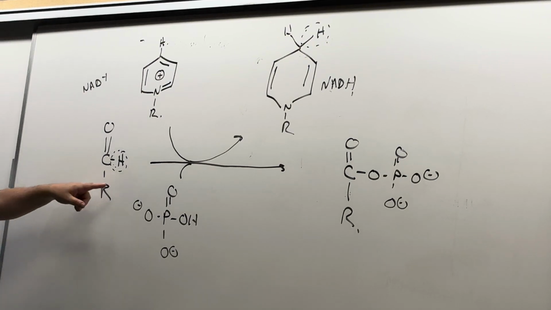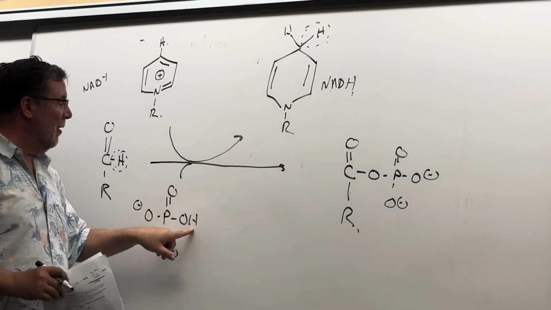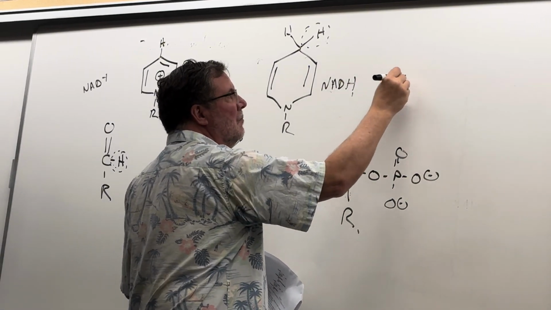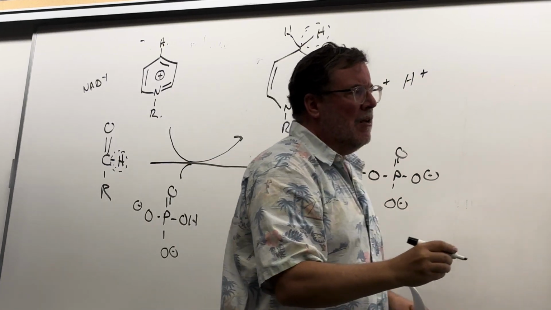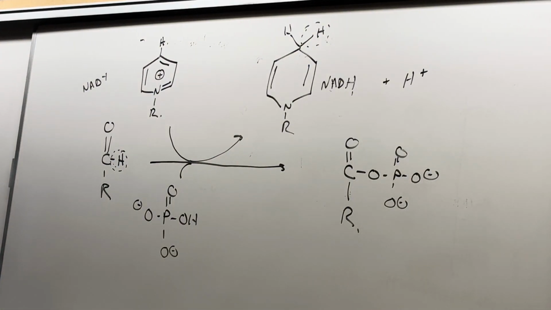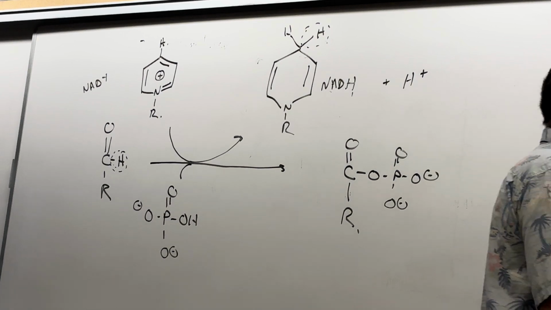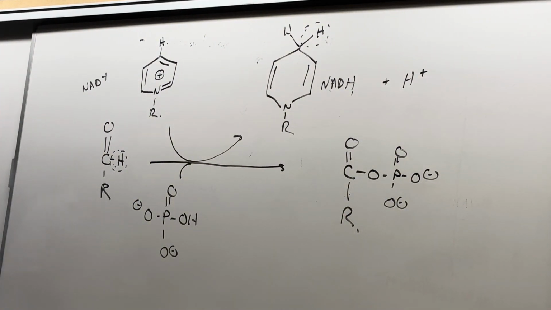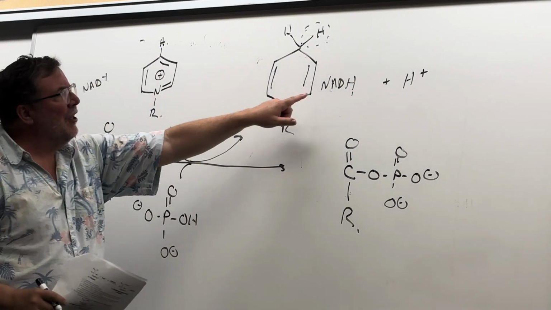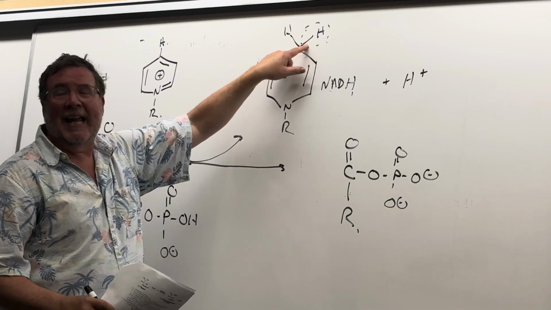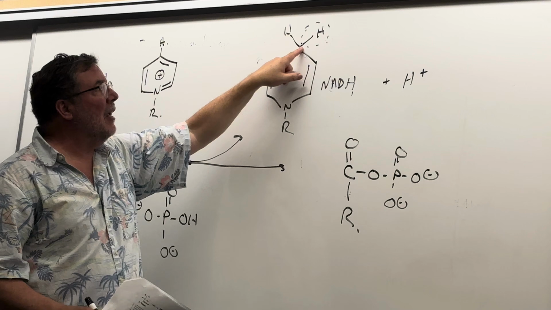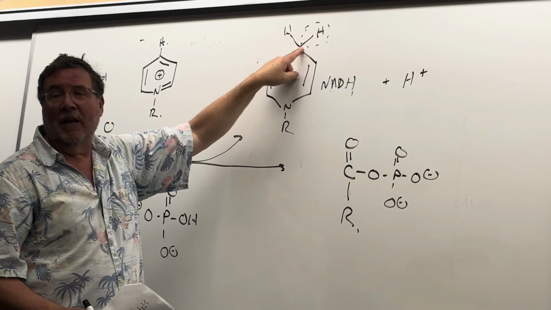And then to fully balance it out, given that we release this, we have an H+. So what I should do in all of these is add the H+ here to be more complete. Now this reduced form, NADH, can carry these electrons, and what it'll eventually do is donate those electrons back to the electron transport chain.